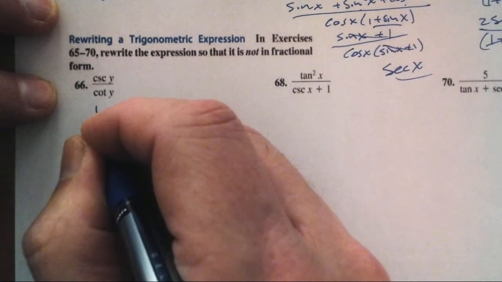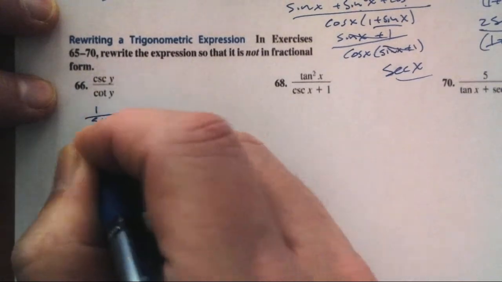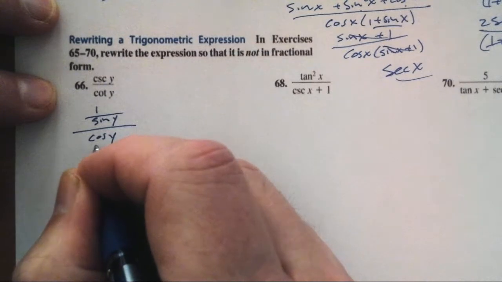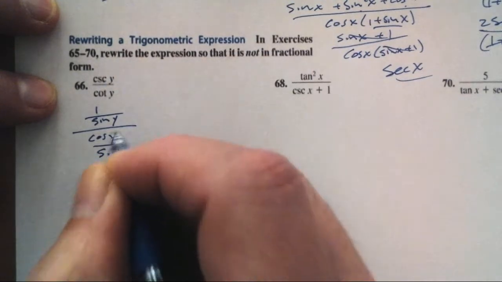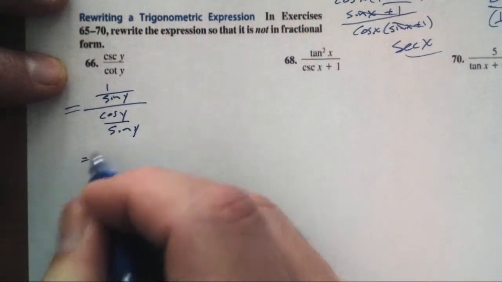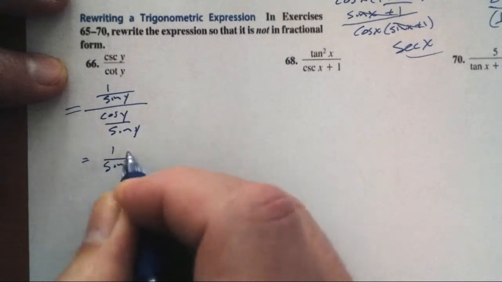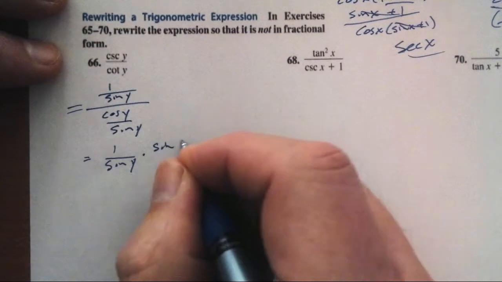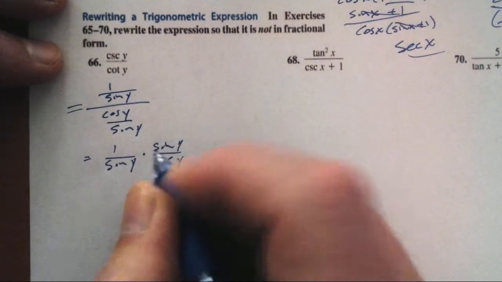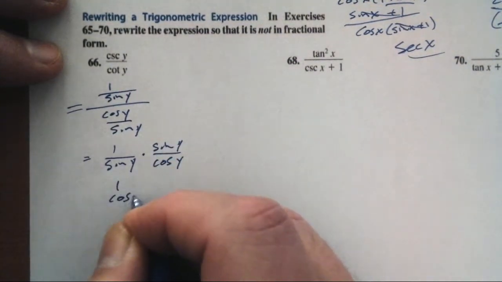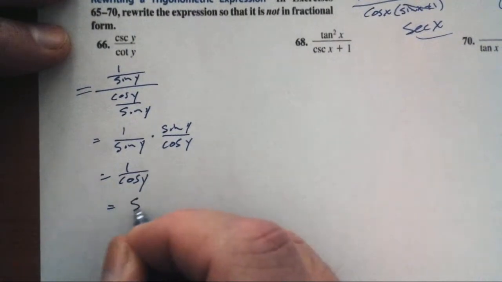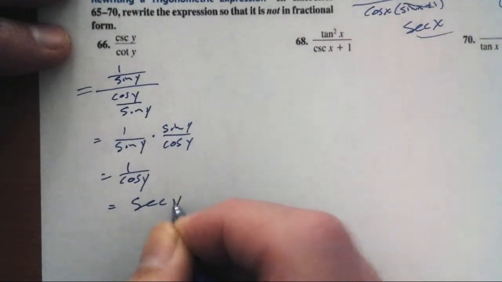So this is 1 on sine of y over cosine of y on sine of y, which is equal to 1 on sine of y times flip and multiply sine of y on cosine of y. Sines cancel, 1 on cosine of y, but it's still a fraction, but that is equal to its reciprocal function, secant y.